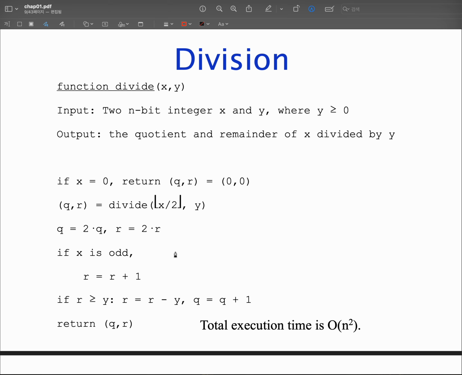Assume that this division method is correct. The next step is calculating the running time of this algorithm. Likewise in the previous slide about multiplication, we can compute this division method using a recurrence relation like this, n minus 1, okay.